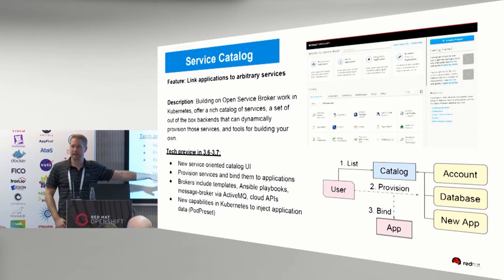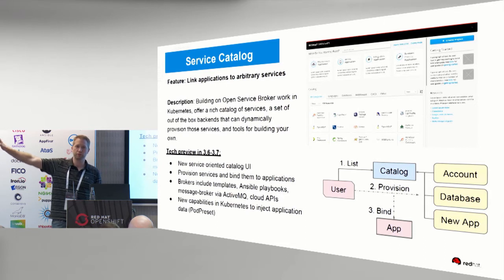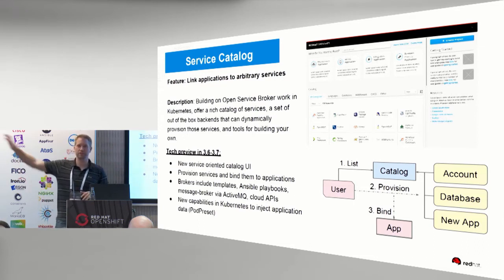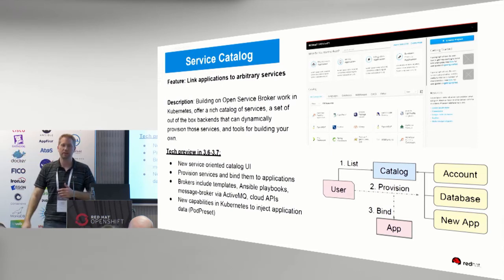You register things in a catalog. Backend brokers are part of the Open Service Broker API, which was donated by Cloud Foundry to an open foundation, and we're working with them to bring that to Kubernetes. Each of those services is provisioned on the back end, and can be on cluster, off cluster, can be something in the cloud, could be an account service, could be an account in a database.